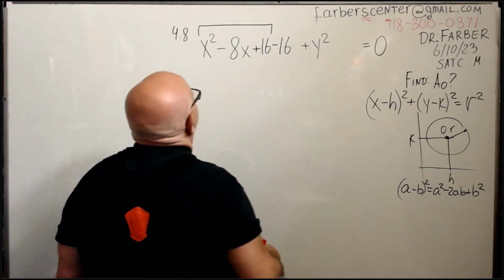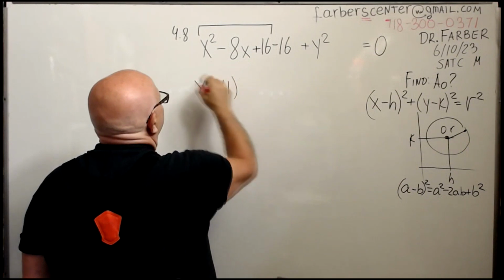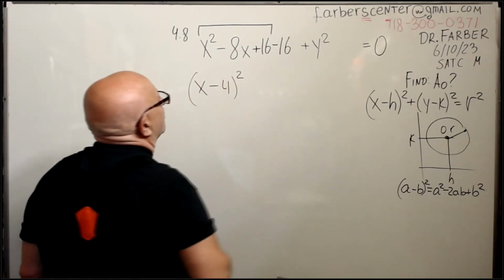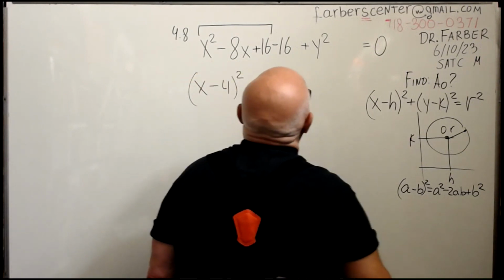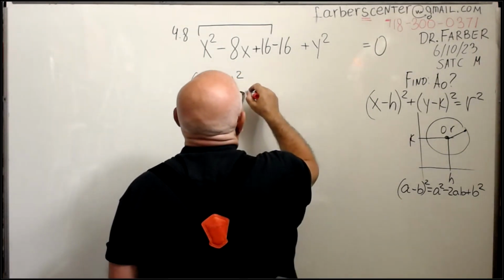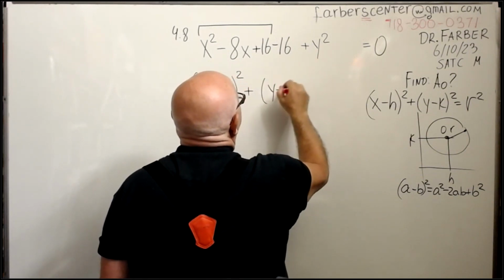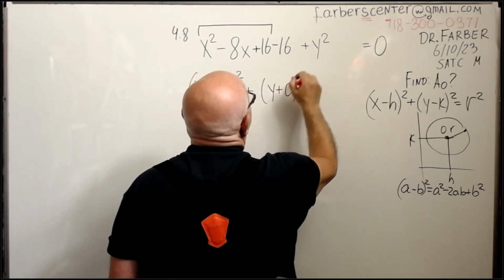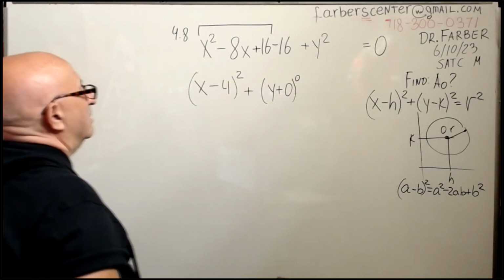At the same time I subtract 16. And this would be what? x minus 4 to the second so far. And this is plus, you can write y plus 0 to the second, because we don't have any term with y, to the second.